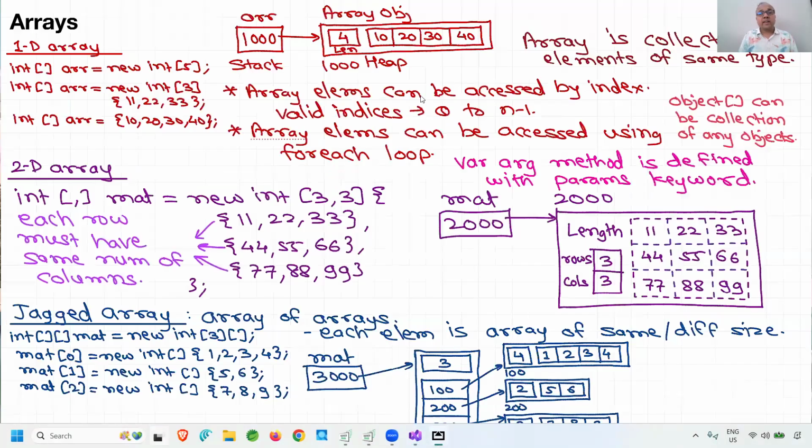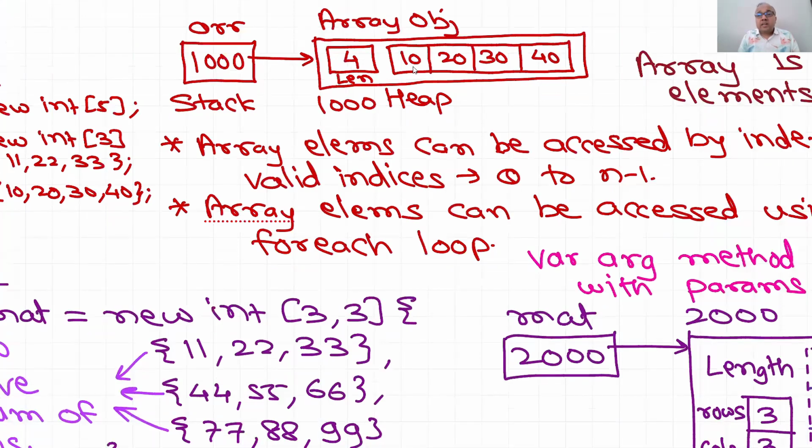So going back to the diagram, I can have 10 at index 0, 20 at index 1, 30 at index 2, and 40 at index 3. So if my array is of 4 elements, then the valid indices are 0, 1, 2, and 3.